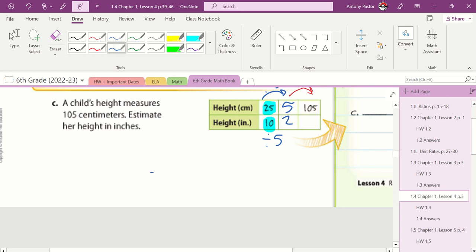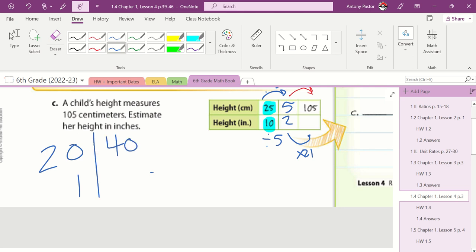I will also need to multiply 2 by 21. 2 times 21, 21 is made up of 20 and 1. Double 20 is 40. Double 1 is 2, so 42 inches. And that is my answer.